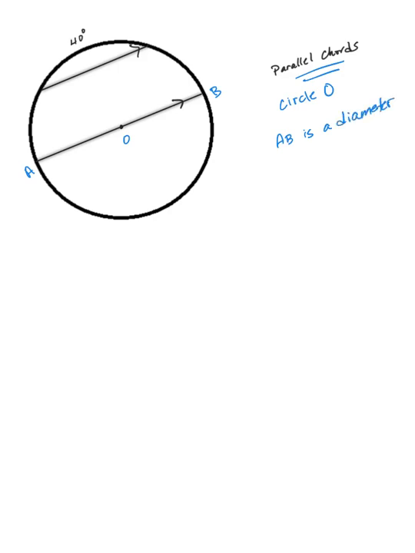Now as you know, a diameter splits the circle in half, so you would have 180 degrees, right? Well, I have this 40 degrees for, let's call this arc DE. That measures 40 degrees. So I already know that a semicircle has 180 degrees.